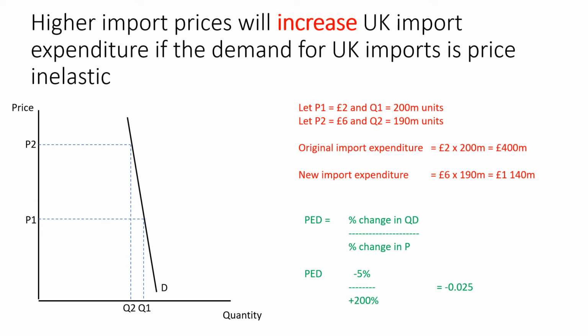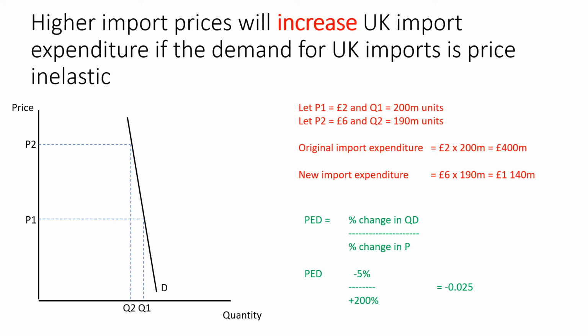But if we actually look at import expenditure, imports by value, not by volume, you'll see that import expenditure will have gone up, because the new import expenditure is now going to be P2 multiplied by Q2, which is a lot higher than P1 multiplied by Q1. So we've allowed our floating currency to depreciate.